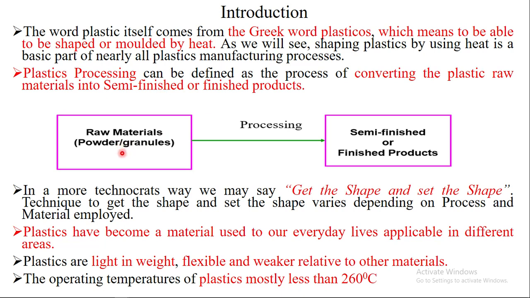From these diagrams, we will see three things. One, the input plastic materials are in the form of powder or granules, made by using a crusher machine or grinder machine.